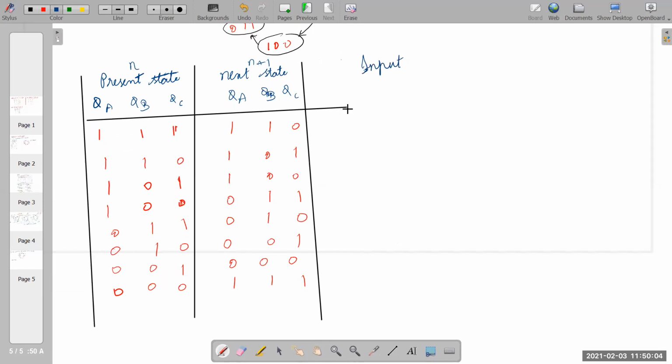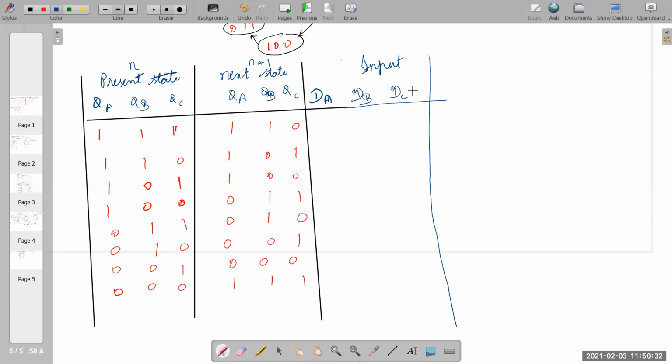Then we'll go for the inputs. Which flip-flop did I recommend? In the question itself, I clearly say that you have to use D flip-flop. So I have 3 outputs, QA, QB, QC, so I need 3 flip-flops, DA, DB, and DC. Why do I prefer the D flip-flop? What is the advantage over the JK flip-flop? It has fewer inputs.